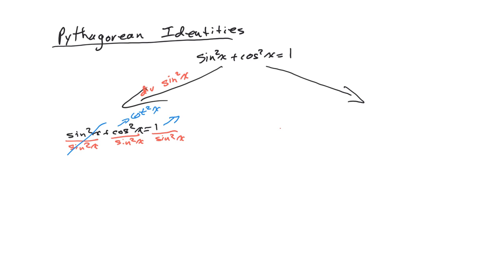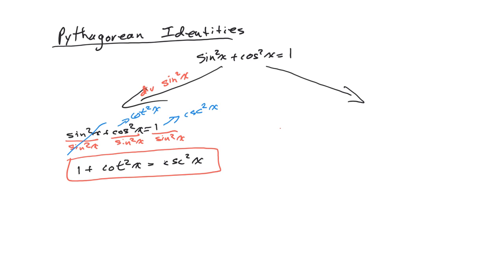And this last part here turns into cosecant squared x. So we're left with this. And we have 1 plus cotan squared x is equal to cosecant squared x.